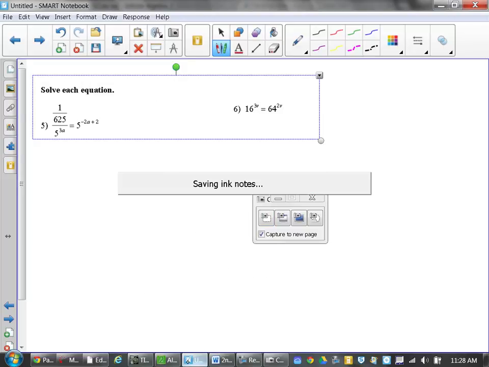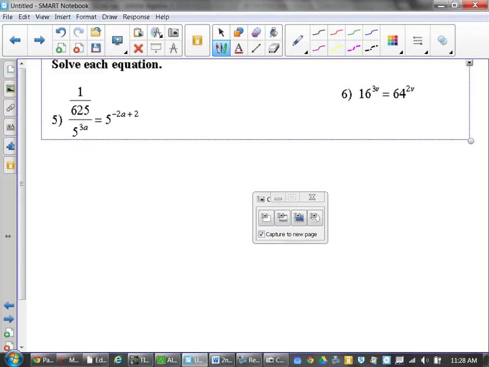So 1 over 625 is 1 over 5 to the 4th. So I rewrite that as 5 to the -4th. The denominator of 5 to the 3x is the same thing as in the numerator, 5 to the -3x.